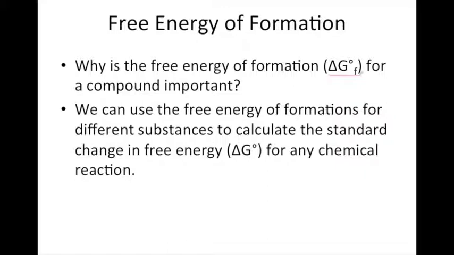Well, the utility for delta G formation is that it allows us to calculate the standard free energy change, delta G standard, for any chemical reaction. So using these delta G formations for these individual molecules, we can calculate the delta G standard for any chemical reaction.